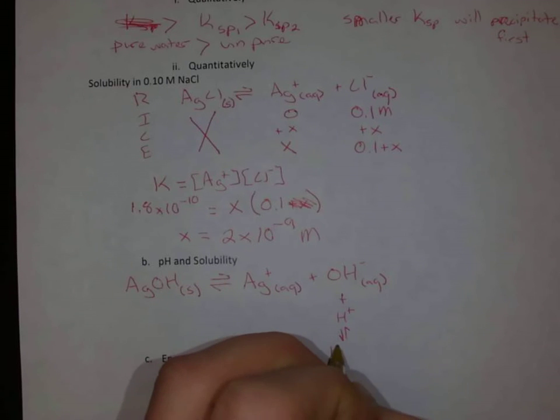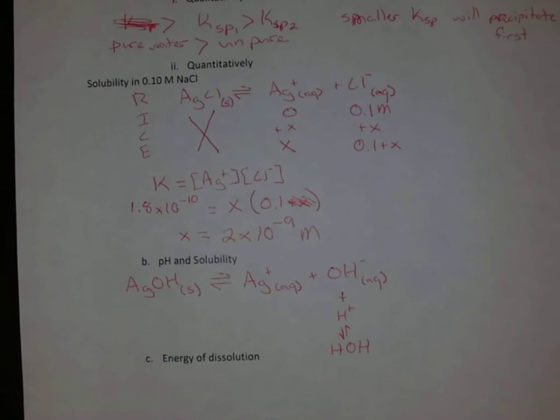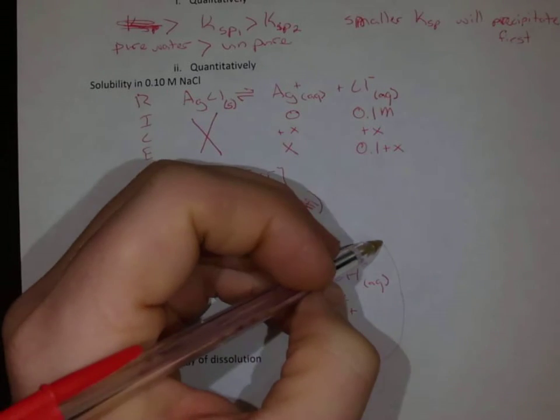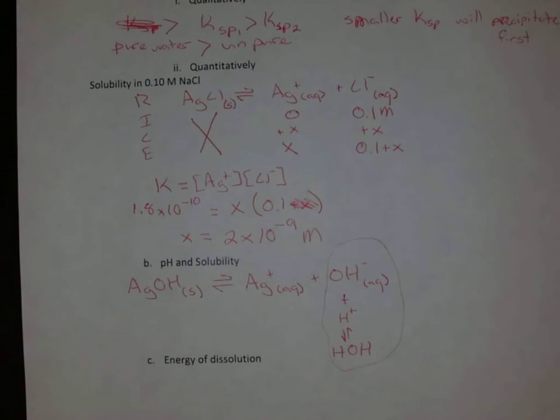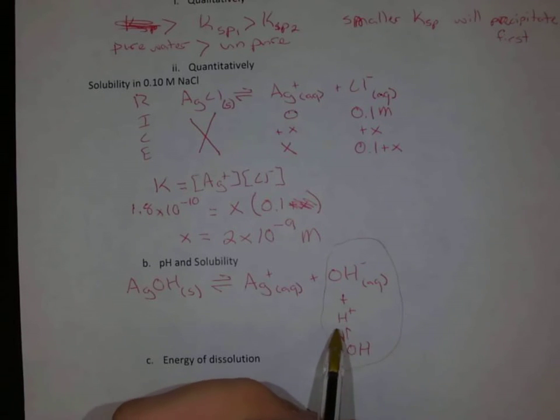This equilibrium, HOH or H2O, over here, we are going to talk about next unit, okay? Next unit is all about our acid-base equilibrium. But if we have a more acidic solution, we bring that pH down. That means our H plus concentration is going to increase.